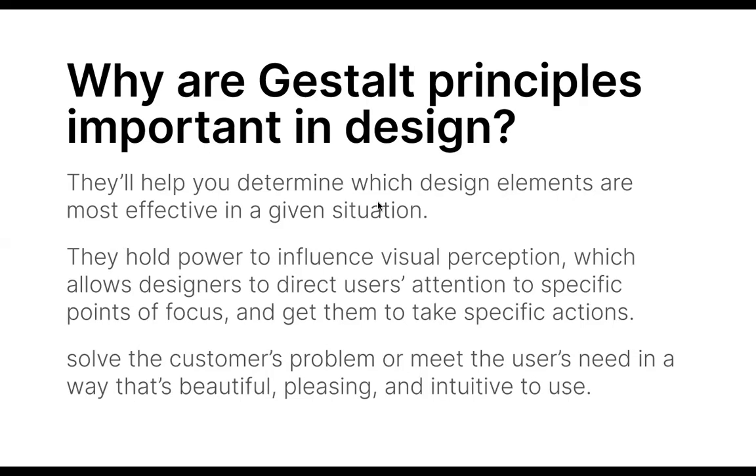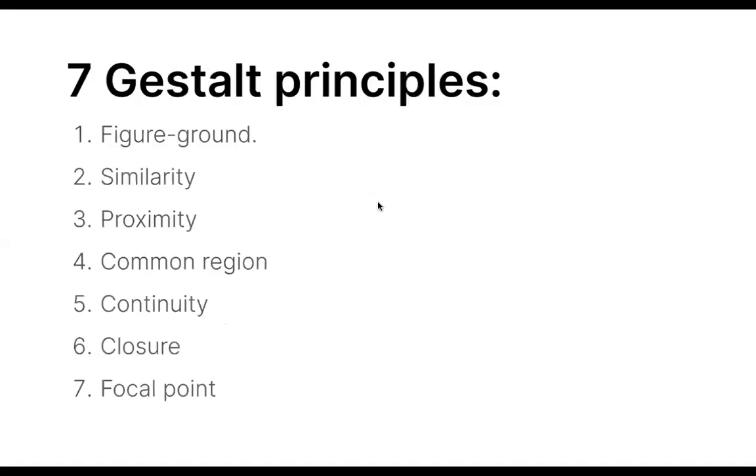Of course, they influence the way we think about things, like whether it's beautiful or pleasant or intuitive. So there are 7 Gestalt principles. No, there are more than 7 actually, but we're just going to discuss the 7 that are most important for the work we do. There are more than that, and in fact, I'll send you links to read up more on Gestalt principles.